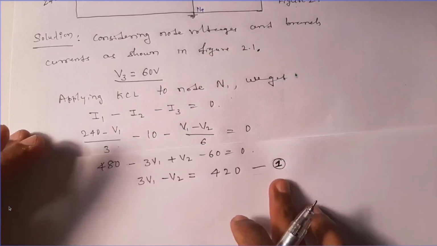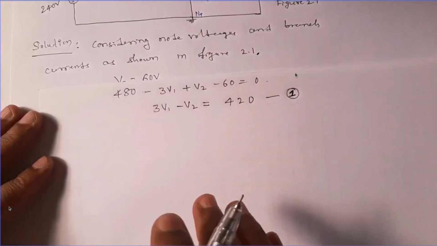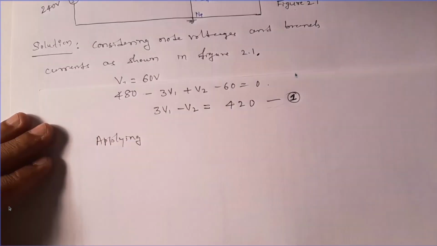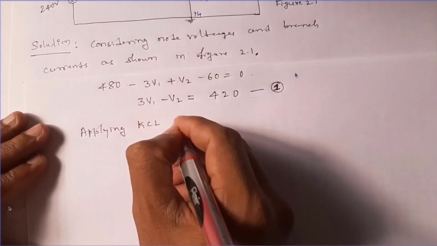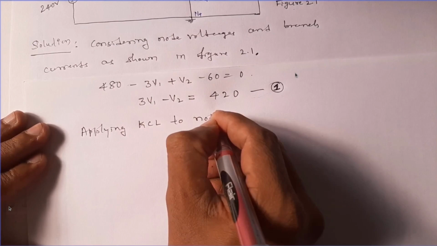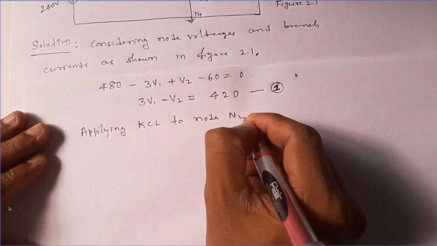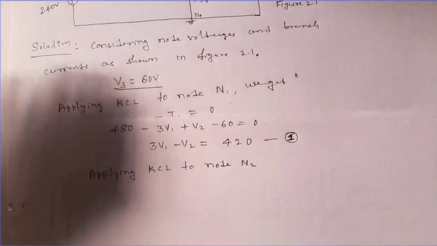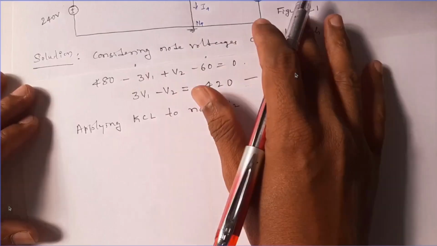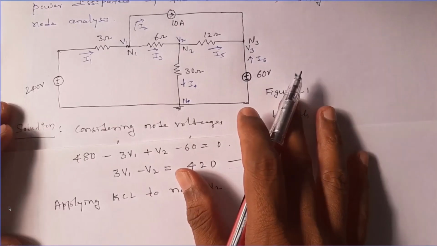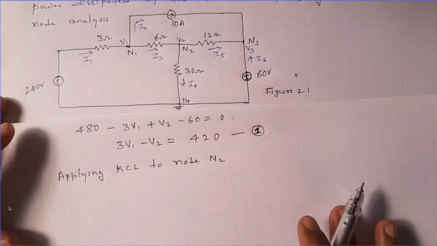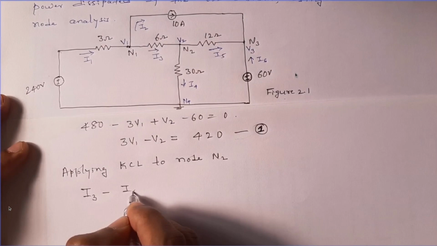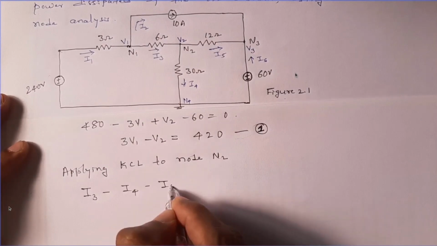The second equation we can obtain by applying KCL to node N2. So earlier we applied KCL to node N1, and now we'll apply KCL to node N2. If you see dear students, this is node N2. Here I3 is incoming, minus I4 is outgoing, minus I5 is outgoing, is equal to 0.